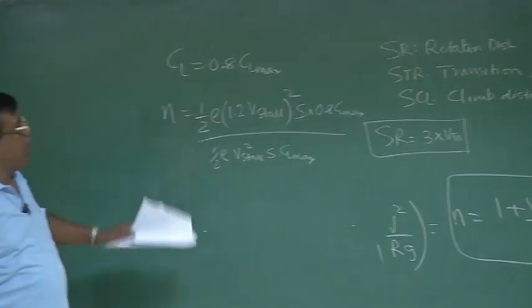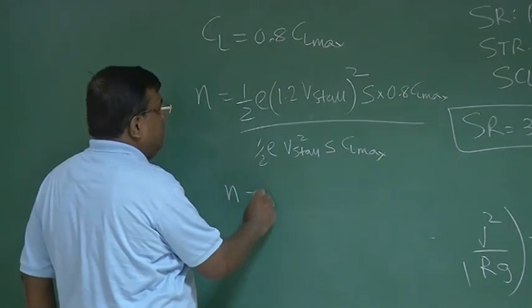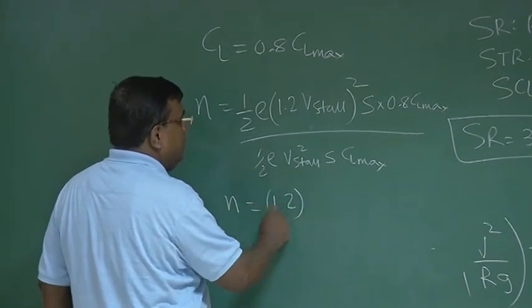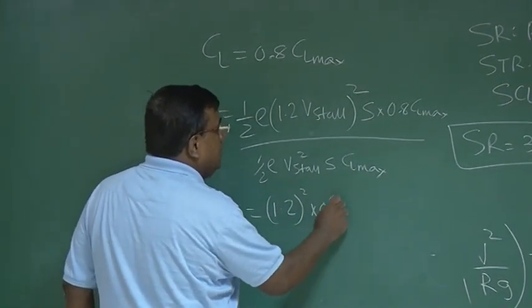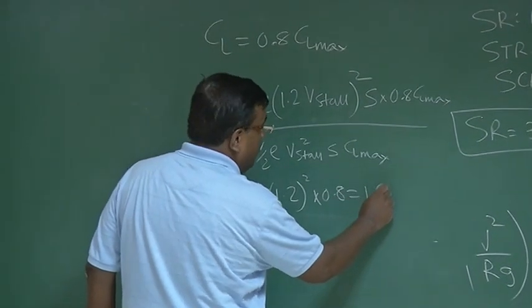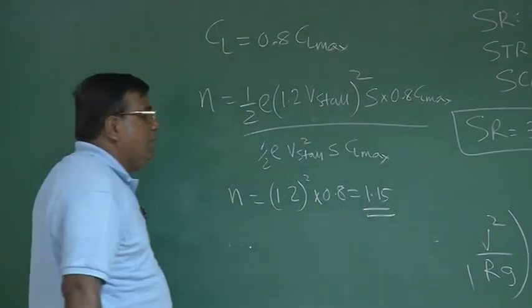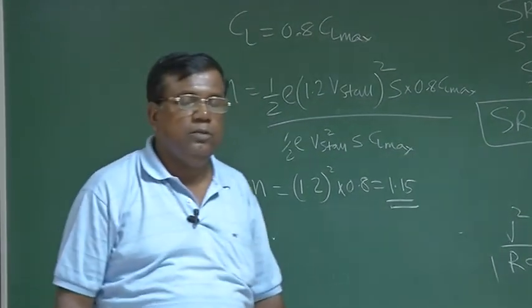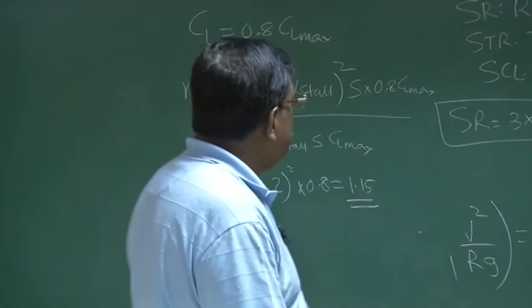If I see this ratio now, I will get N equal to 1.2 square into 0.8, which is roughly equal to 1.15, just 15% more than the situation N equal to 1.